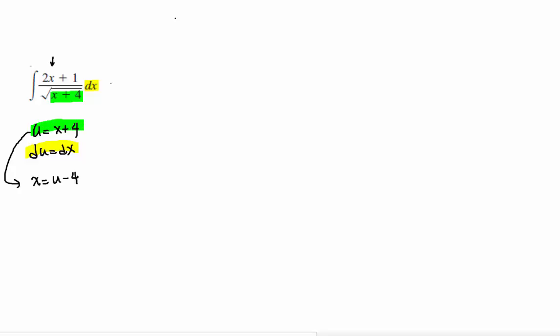And what do you get? You get the integral of 2 times u minus 4, that's x, plus 1. So I did substitute that. Then over the square root of u, I'm plugging the green, and then dx is the yellow, becomes just du.